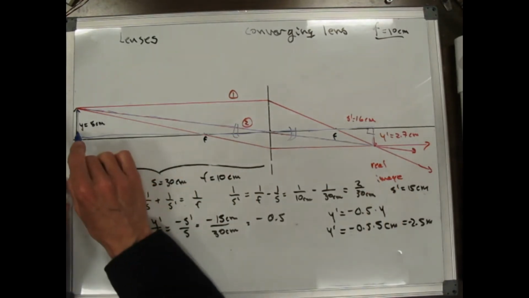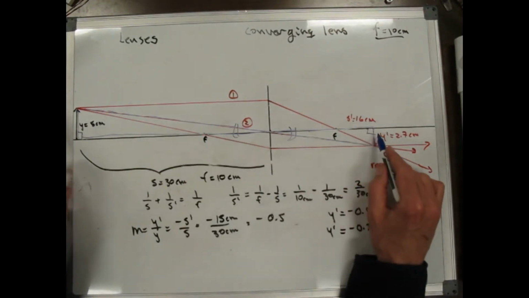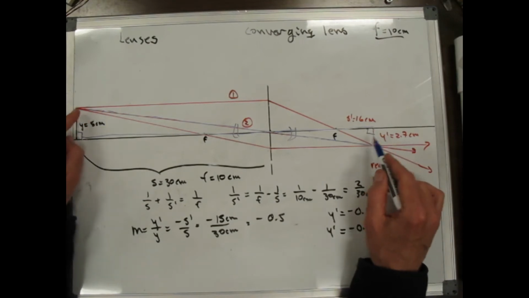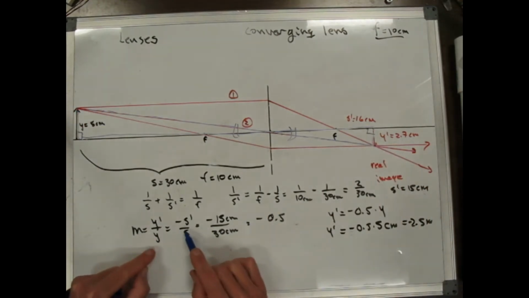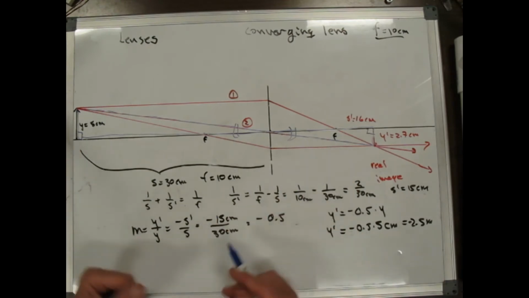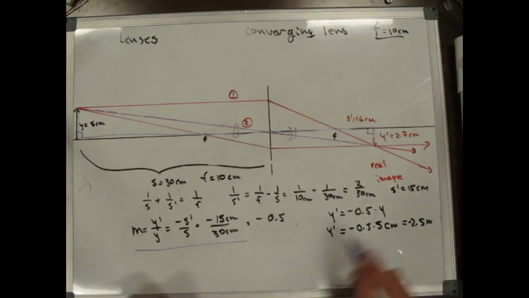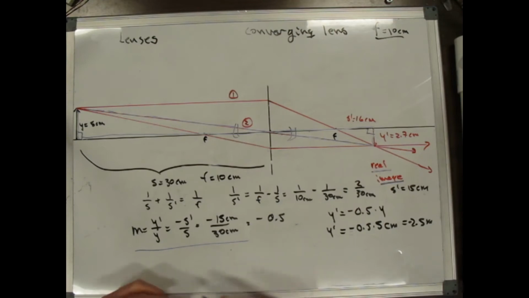These two both have right angles where the object is standing vertical, and then that forces the last angle to be equal. That means the corresponding sides are equal, which gives us the equality of these ratios. And so that's where this relationship comes from. And so that's two examples of producing a real image with a converging lens.